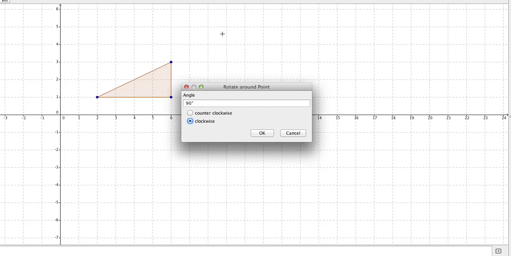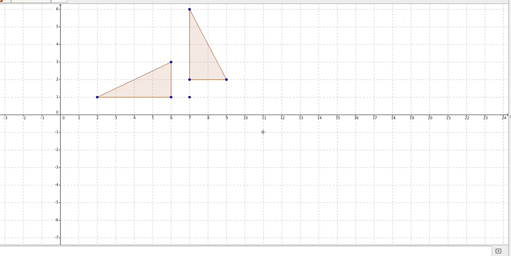That means clockwise is going up there, and if you look at the result, that's how our triangle would look. It was rotated 90 degrees clockwise. So basically, if that's your point, it made an arc 90 degrees going up.